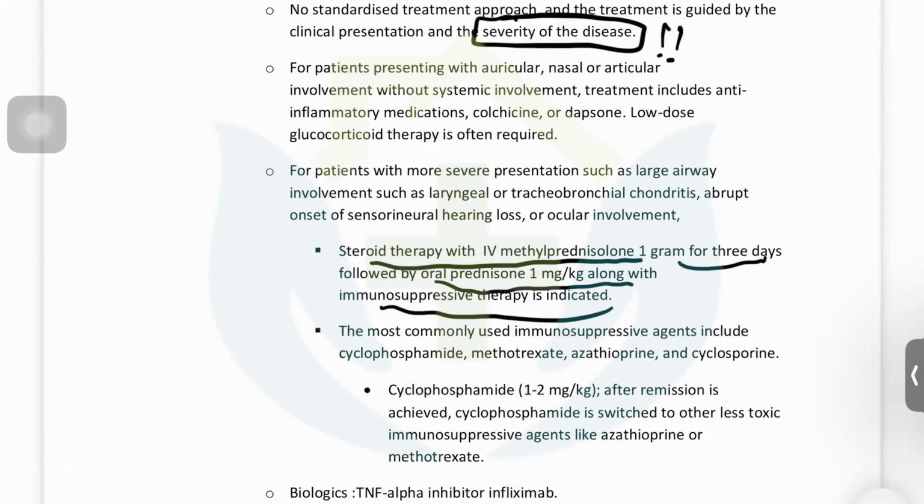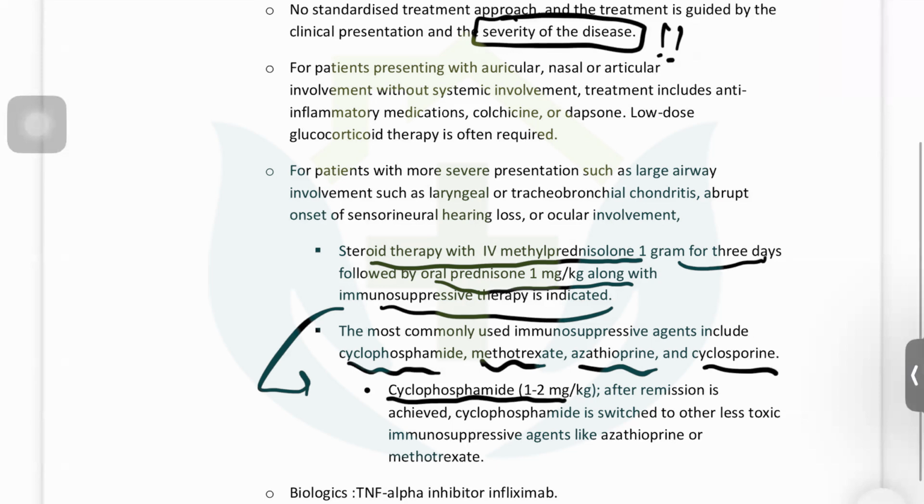What kind of immunotherapy? It is basically DMARDs like cyclophosphamide, methotrexate, and azathioprine. These are wonderful drugs. Initiate with cyclophosphamide, and after remission is achieved, switch over to something else like MMF, methotrexate, azathioprine.